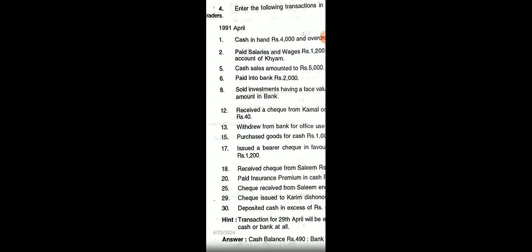You can see that transactions are given in raw, rough, and simple English language. An organization, when providing information to the accountant, that language would be raw, rough, and very simple. So in the similar manner, our organization has provided us information of transaction, and this information is just an English language.